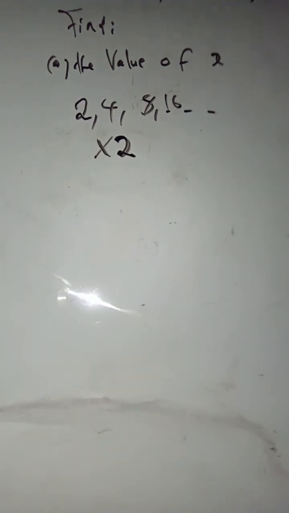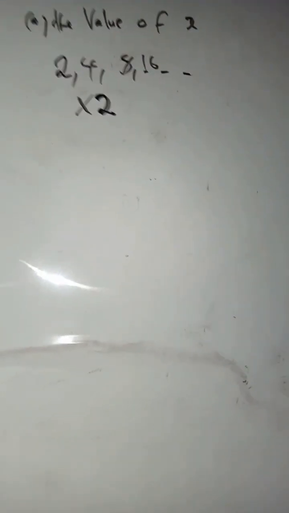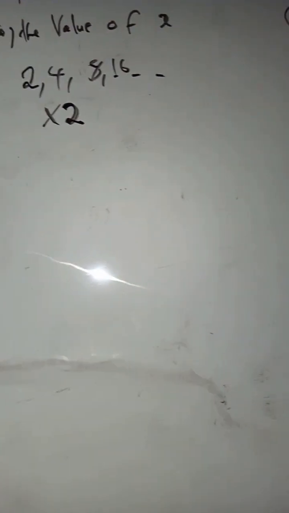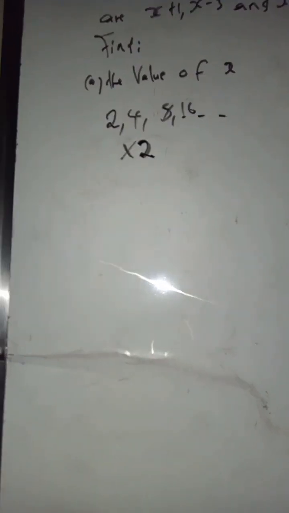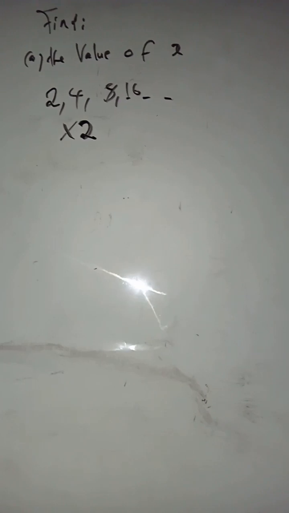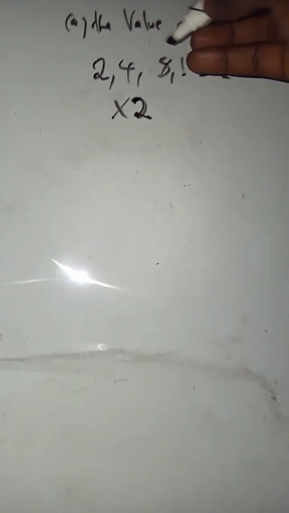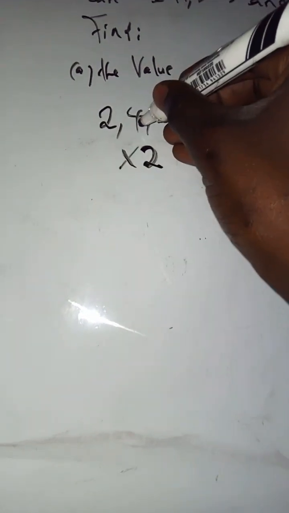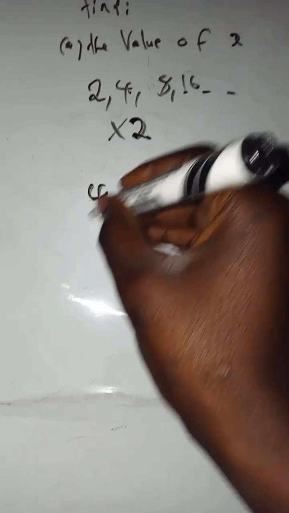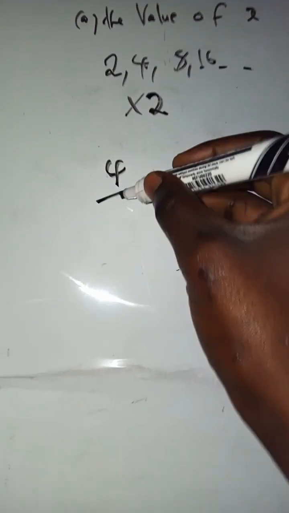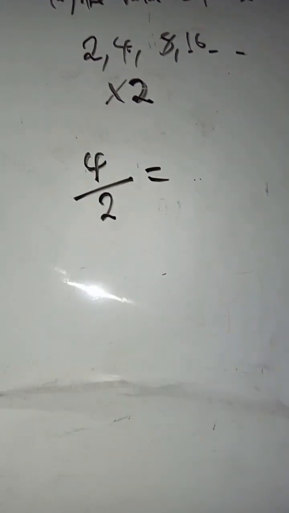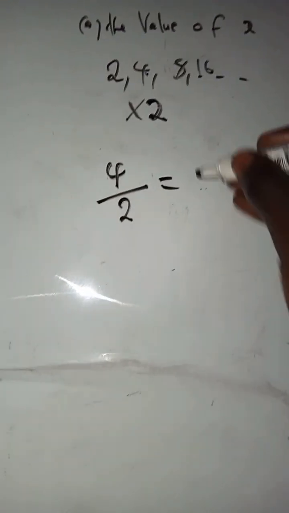If you're dealing with multiplication, for the most part you may find that you're dealing with a geometric progression, and at your level, this is what is happening. That is why there's this formula: you take the term we're looking at, which is 4 in this case, and divide by the previous term. I'm going to get a 2.